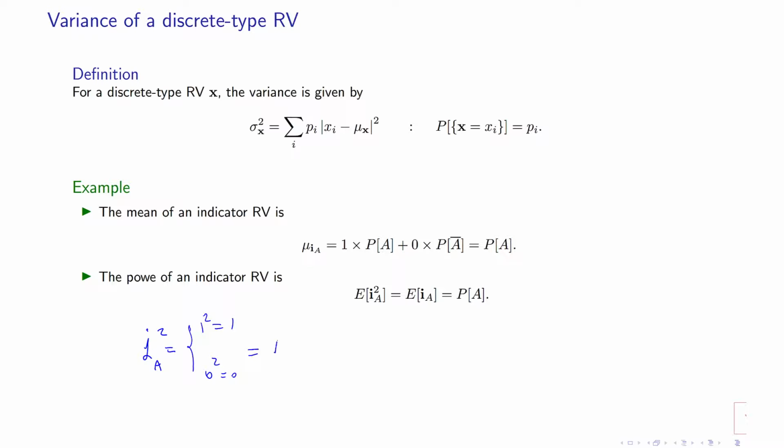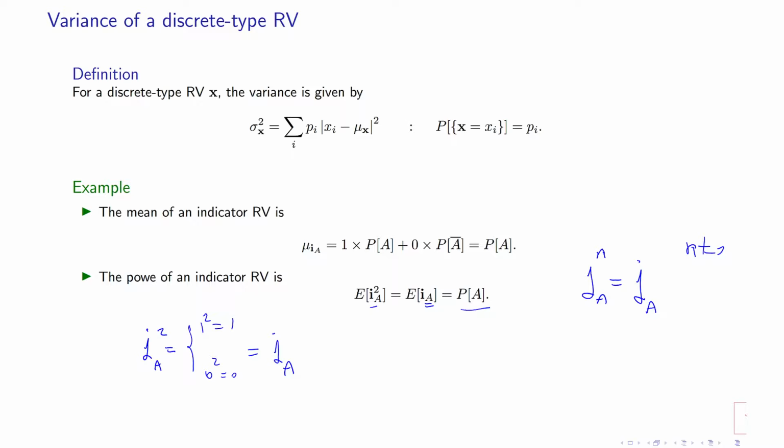So in general, an indicator random variable IA, to the power of any positive integer n, is equal to IA. You could quickly verify this.